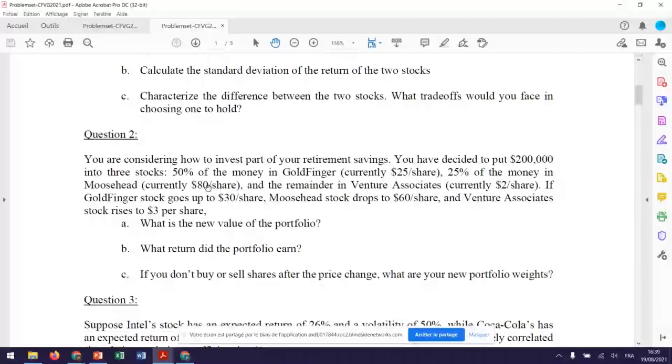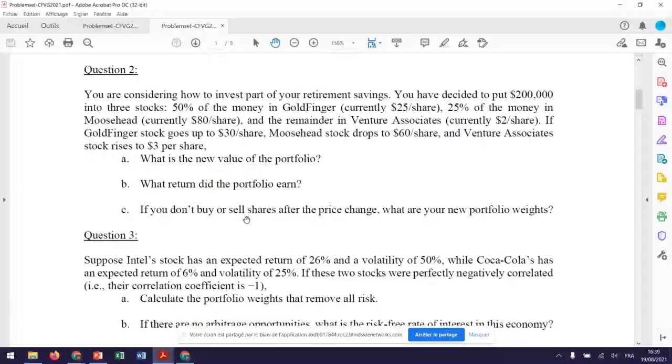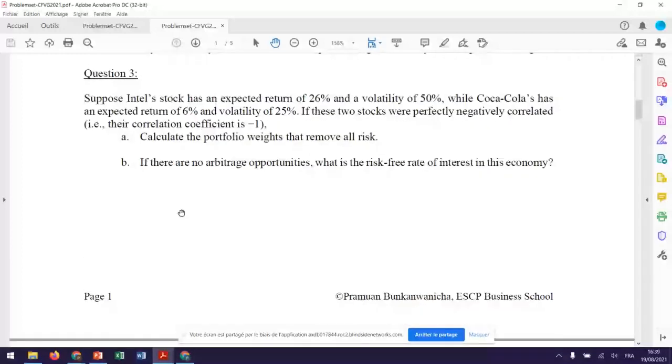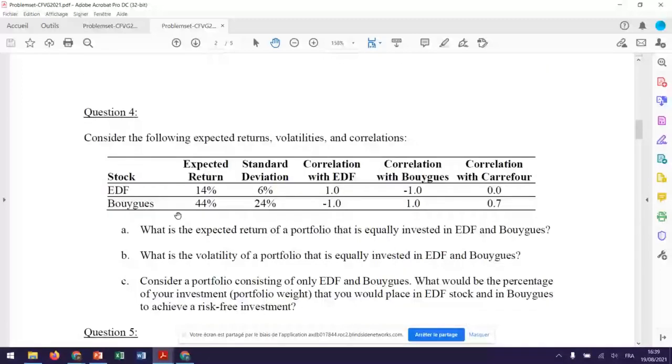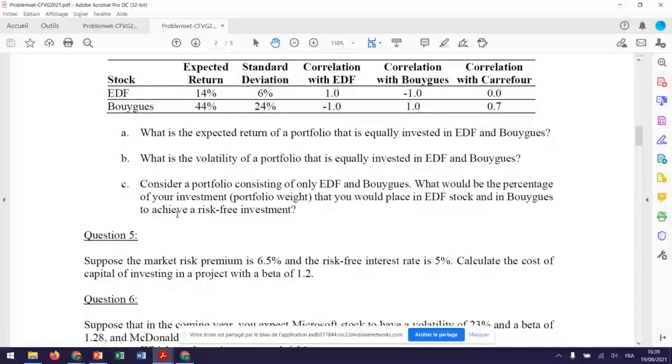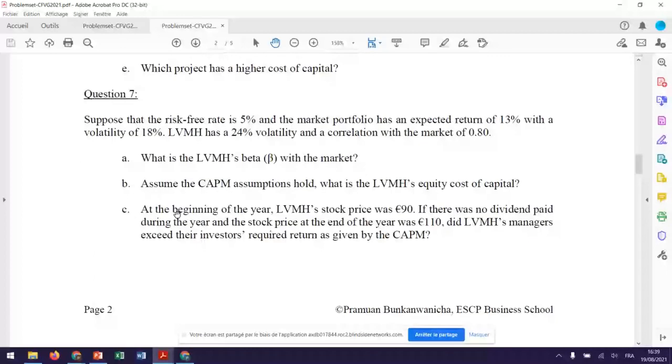Question number 2 is about portfolio weights and so on. Question number 3 is about combining two stocks together, and question number 4 is the same. Question number 5 is the CAPM. Number 6 also CAPM. Number 7 also CAPM.